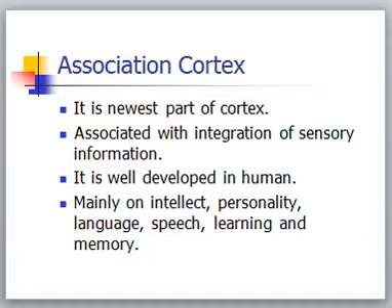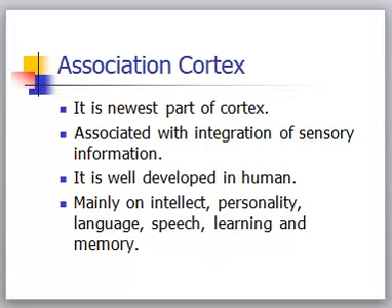It is the newest part of the cortex. In evolution, the part of the brain that has grown maximally is the association cortex. At the phylogenetic level, it is the newest part that we find, and it is called the neocortex.